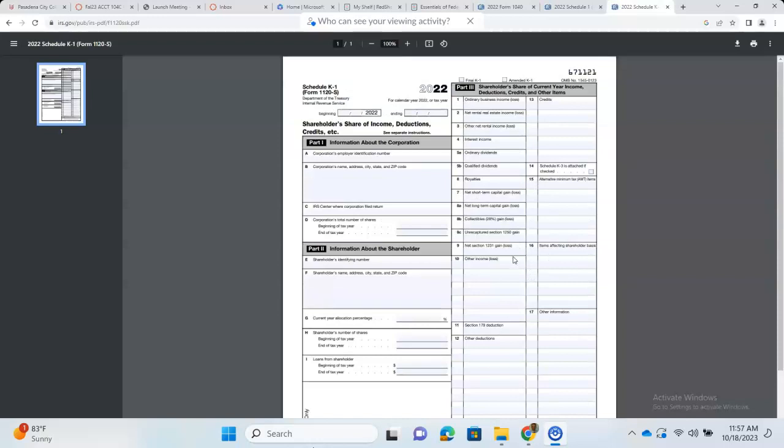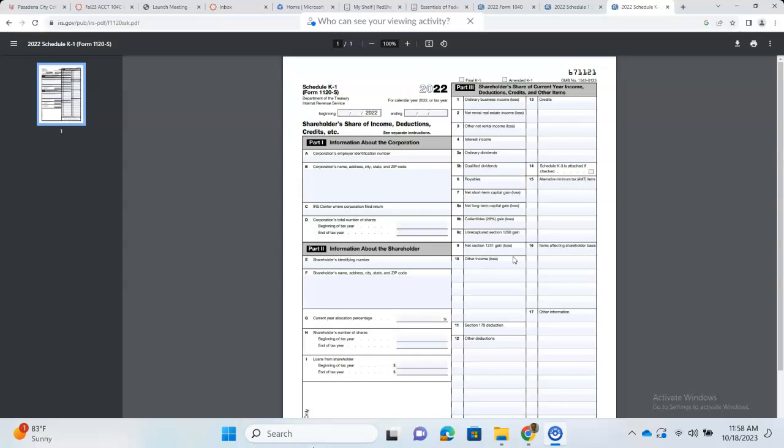That's why we have several boxes, so they can identify where this income that you have some percentage of share from is coming from. Make sense? You might say, oh, from my S corporation, I got $100,000 share of income. But where is that exactly $100,000 coming from? Is it from dividend? Is it from annuities?